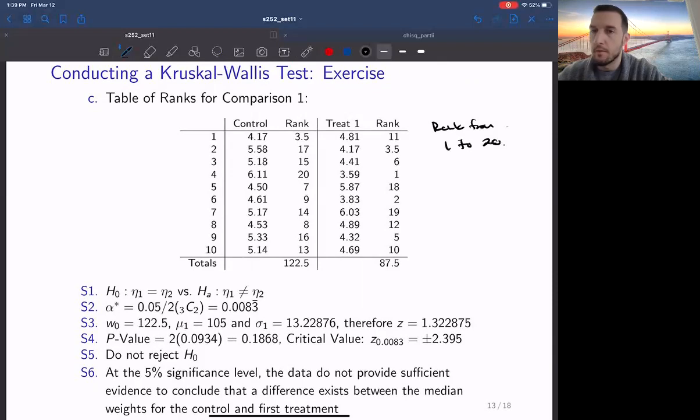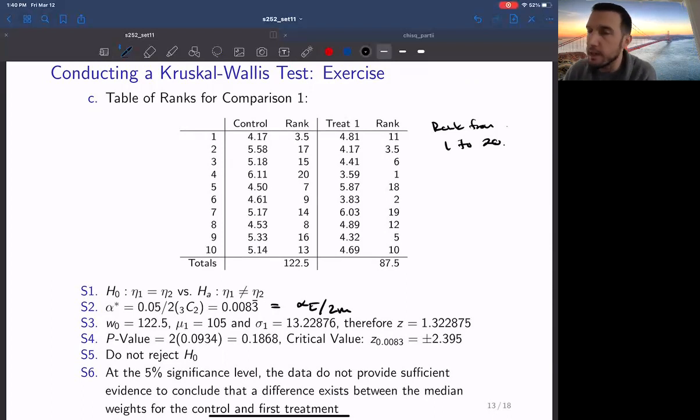Our null and alternative hypothesis will be that there's a difference, because multiple comparisons are two-tailed tests by design. Our significance level is going to be the adjusted experiment-wise error rate, so this is going to be alpha E divided by 2 times M. That gives us a comparison-wise error rate of 0.0083.